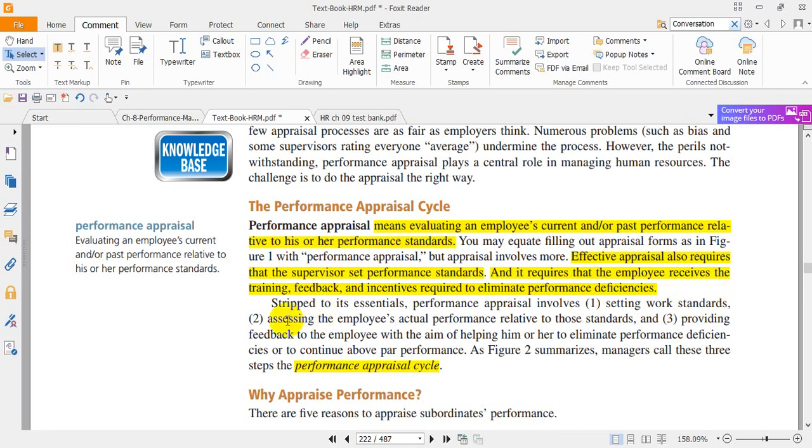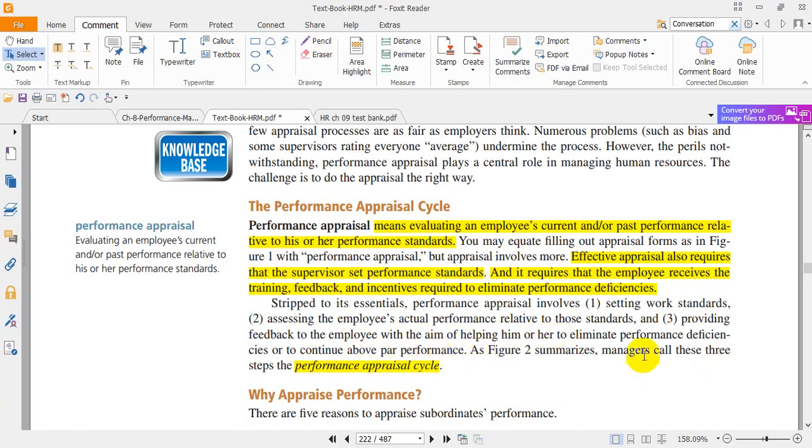The second is assessing the employee's actual performance relative to those standards. So in the first step, we set the standards. In the second step, we assess the actual performance compared to those standards. And the third step, providing feedback to the employee with the aim of helping him or her to eliminate performance deficiencies or to continue above par performance.